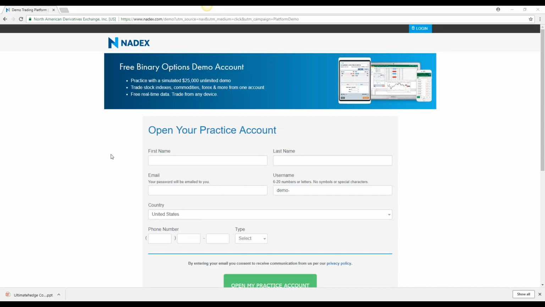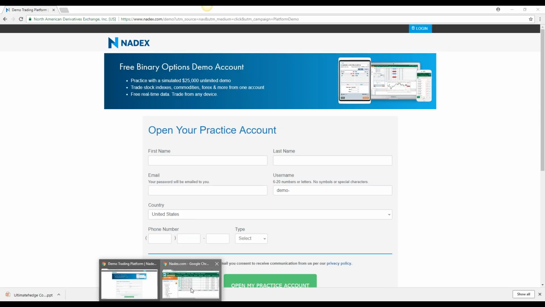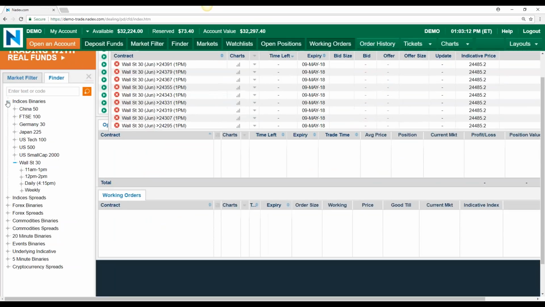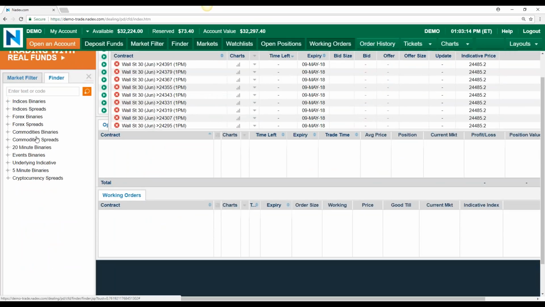All you have to do is submit some real quick information here. Select a username, and then in just a few moments they'll email you a temporary password. You can log right into the Nadex demo platform, and it's a great place just to get familiar with it, practice any strategies or systems you might be looking at, and master them in demo before you move over to your live account.